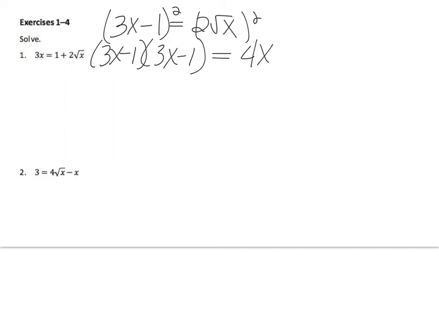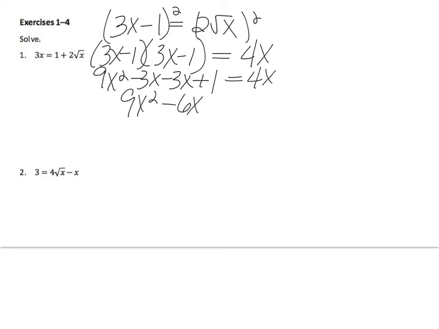So here, if I FOIL this, I get 9x squared minus 3x minus 3x plus 1 equals 4x. 9x squared minus 6x plus 1 equals 4x. Go ahead and solve. 9x squared minus 10x plus 1 equals 0.